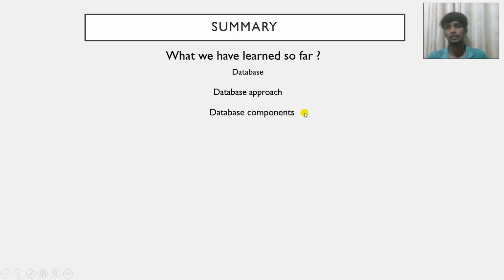Then we looked at the database components. In that topic, I explained what entity means, what a relation means, tables, rows, columns, then attributes and relationships. Basically, an entity could be a person, place, or an incident.